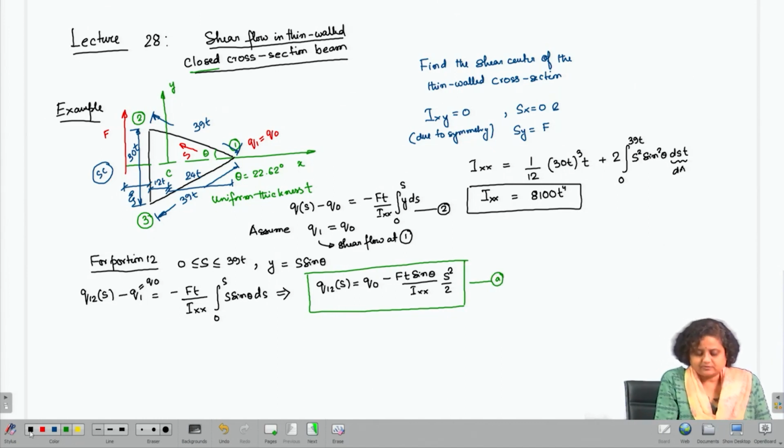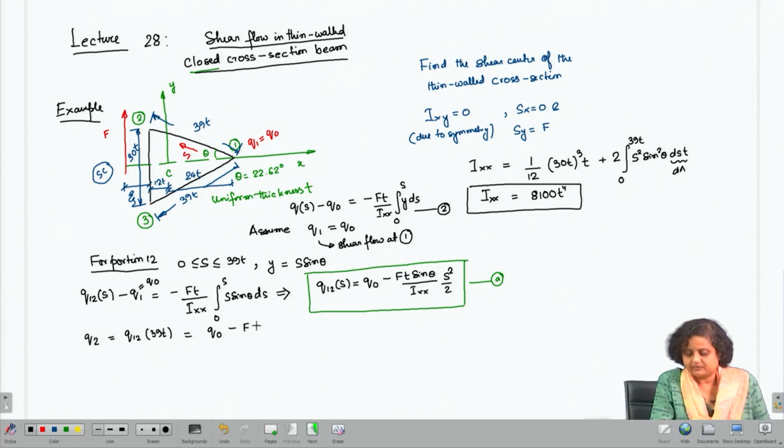Now, from this expression we can obtain Q2, which is going to be Q1 to 39t, and that is going to be Q0 minus F t sin theta by Ixx into 39t whole square by 2.